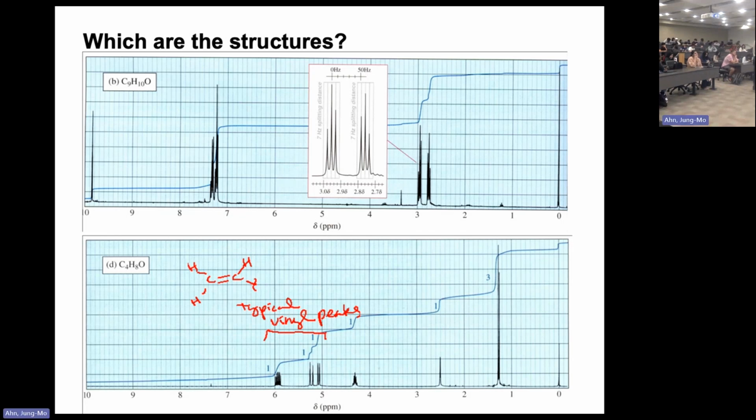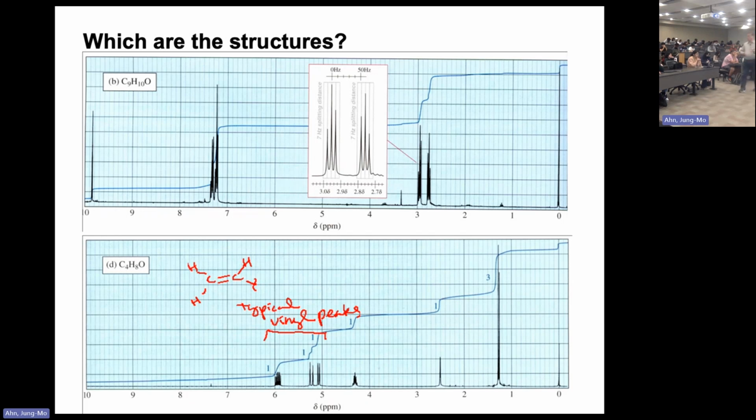We have something here that looks like multiple peaks, and it's appearing a little over 4, so a very deshielded region. What could make things go over 4 is something that has to have an oxygen, right?